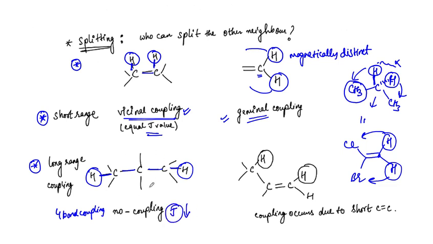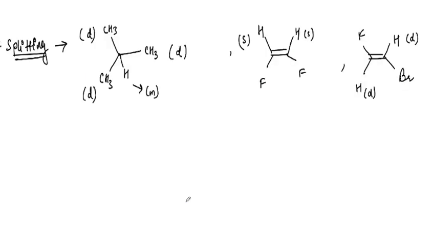But this is a saturated carbon system. If we consider allylic protons, this and this, again they are going to have a 4-bond coupling. But over here, due to the short carbon-carbon double bond, the distance is not much between these two protons. So definitely the allylic protons are going to show more coupling as compared to the long range coupling over saturated carbons.